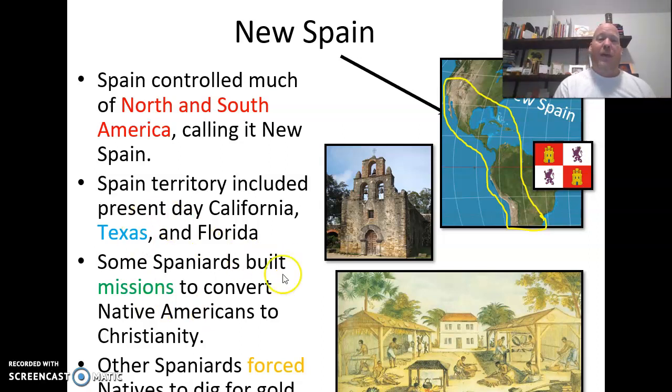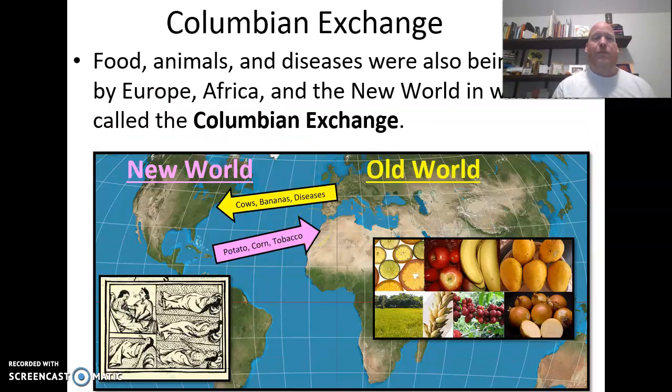All right? So that goes, this right here goes on the notes for New Spain. So if you need to hit pause, do that, and then go back and put those notes in. All right? Let's go on to the next slide.